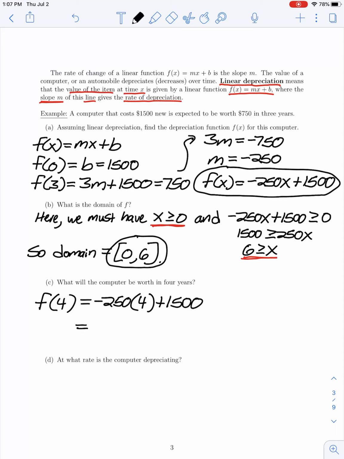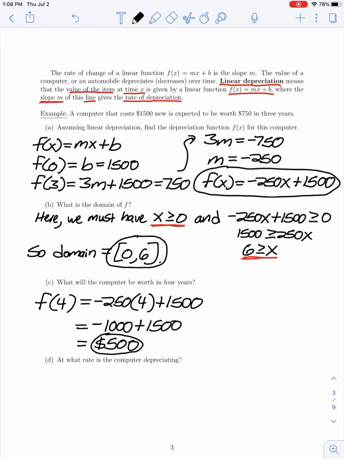So this becomes negative 1000 plus 1500, which leaves us with $500 as the value of this computer after 4 years.